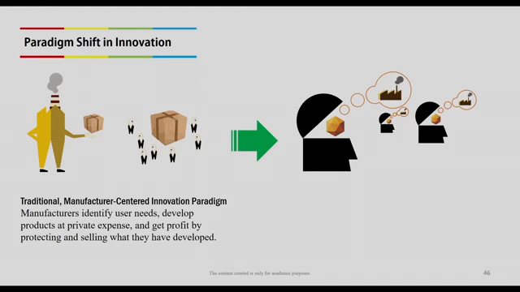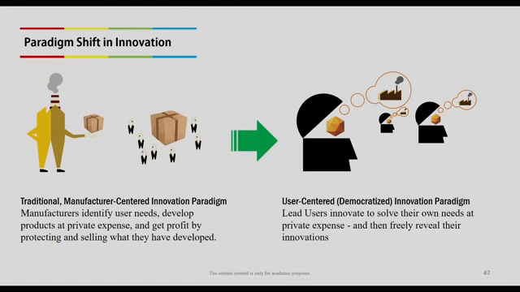Nowadays, this paradigm is shifting to user innovation. In the user centered innovation paradigm, lead users innovate to solve their own needs at private expense, and then freely reveal their innovation.